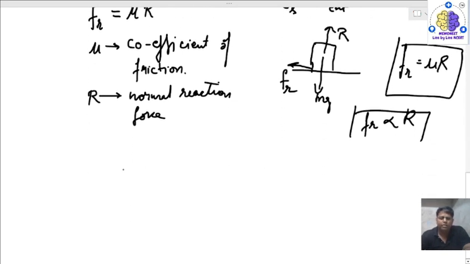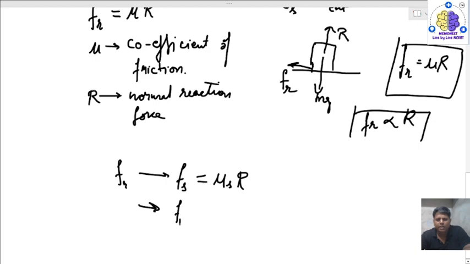Now, if the frictional force is static frictional force, we write it as mu s into R; if it is kinetic frictional force, we write it as mu k into R, right? And if it is simply Fr, the limiting frictional force, we write mu into R.